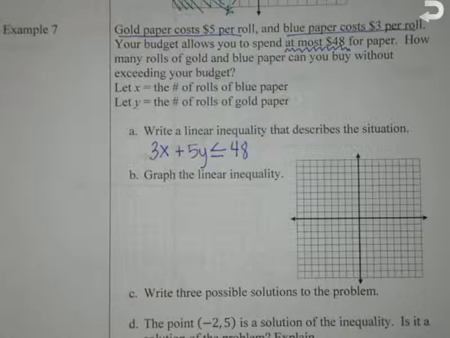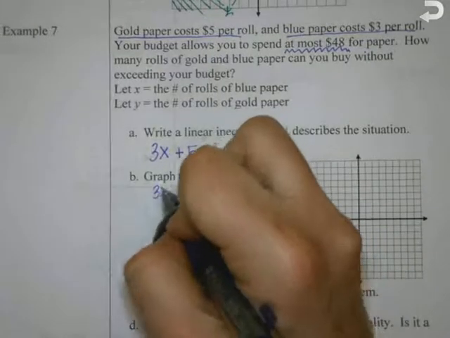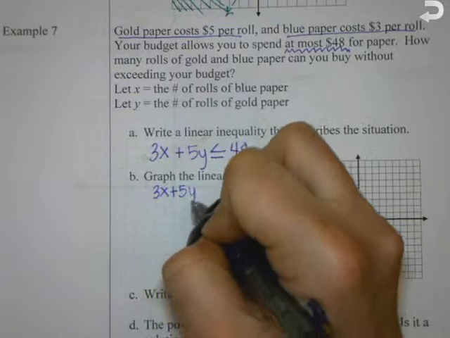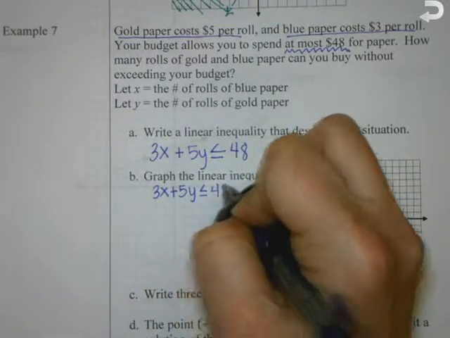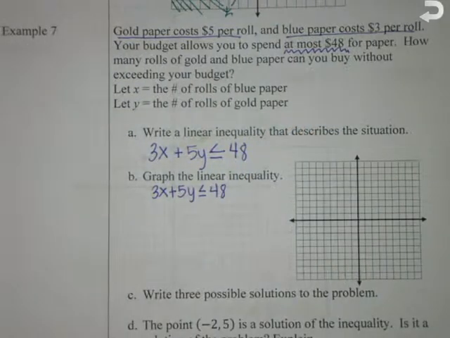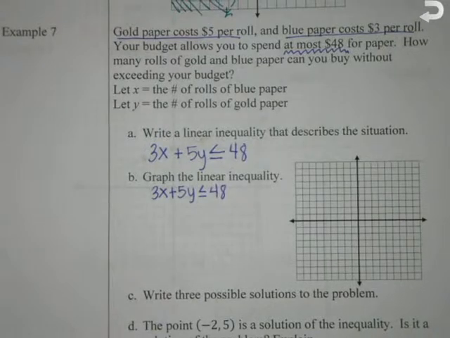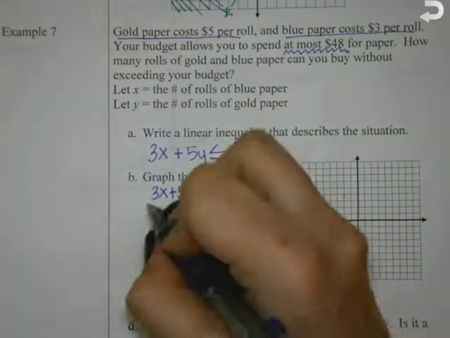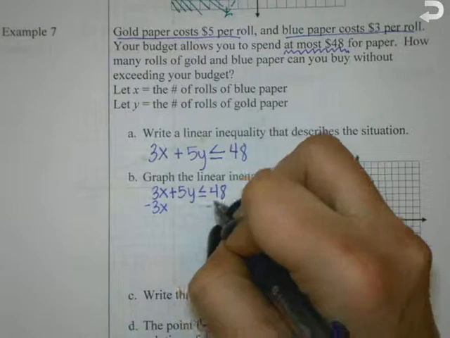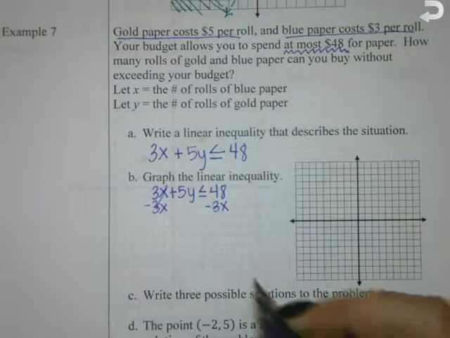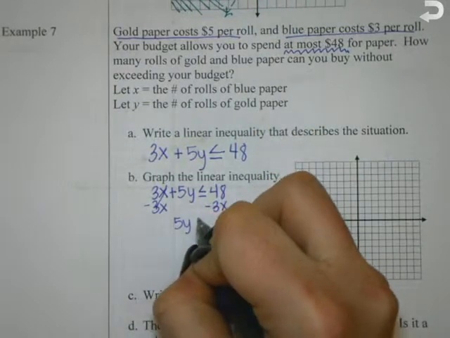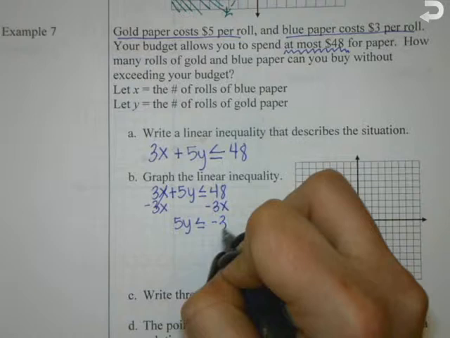Let's graph this one. So I'm going to rewrite my inequality and put it in slope-intercept form. What would be the first step? Yeah, so let's subtract 3x. That gives us 5y is less than or equal to negative 3x plus 48.